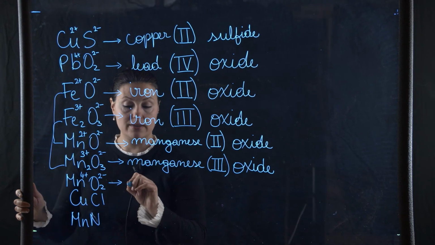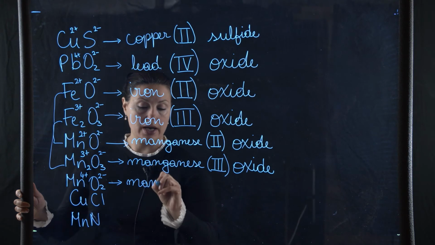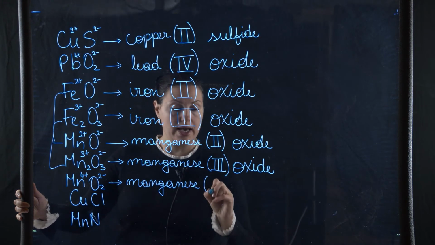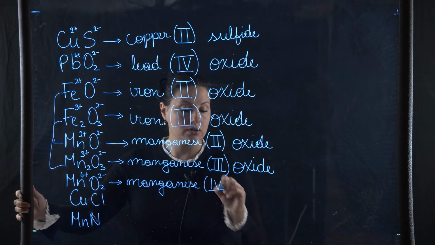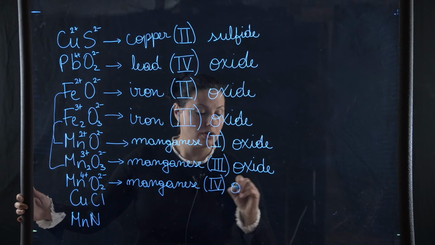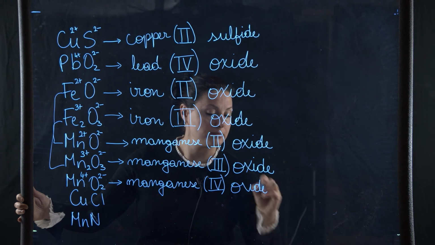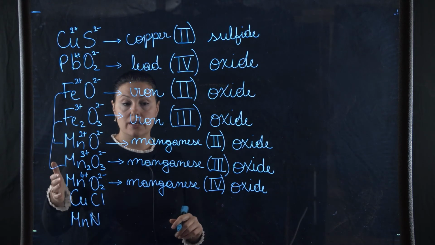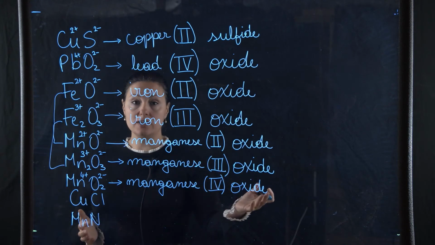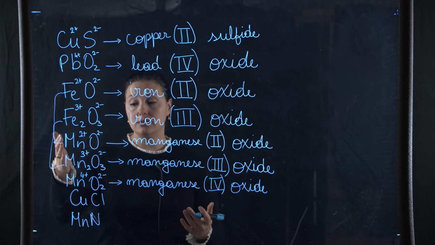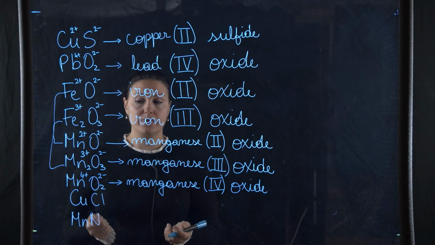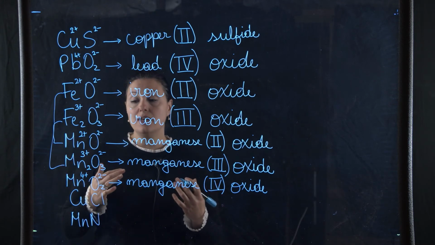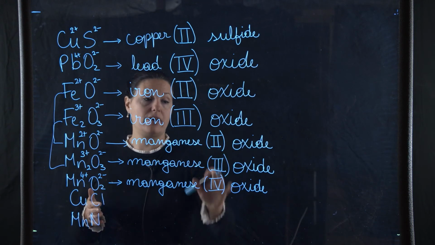So when I go to write this compound, I'll write manganese and then a 4 for the charge, oxide. Once again, notice that if you were to just write manganese oxide, you would not be specifying the correct formula. These are 3 different compounds. They have different characteristics, and therefore we have to specify which one it is.